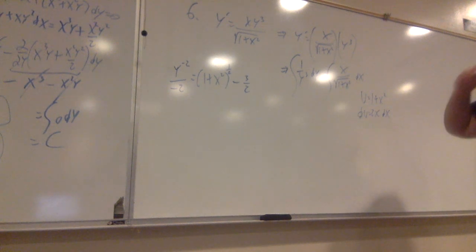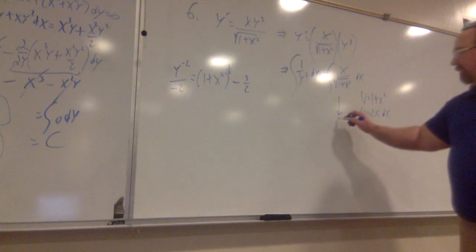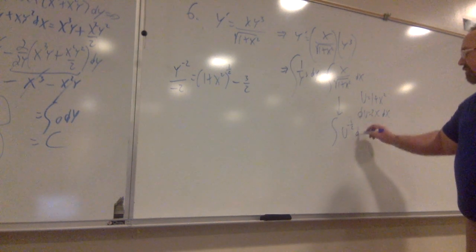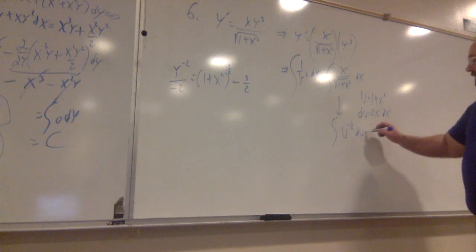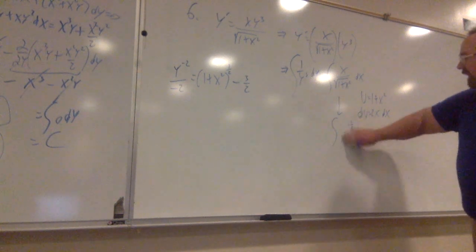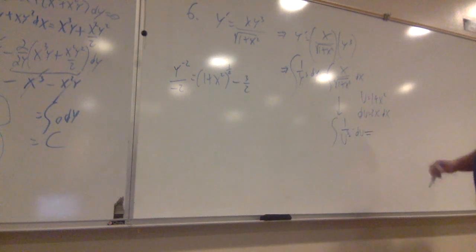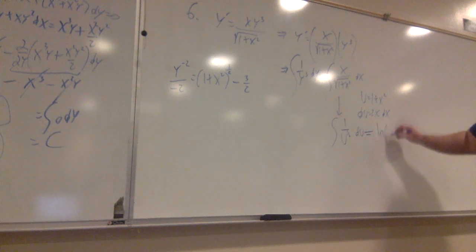One other thing that came up, again by more than one person: when you do a substitution, you get something like this. You get basically u to the minus 1 half du. And there's a constant outside, but I'm just focusing on this part. Now, some people did at this point, or maybe they had it written this way, 1 over u to the 1 half. And then they did this: ln u to the 1 half.